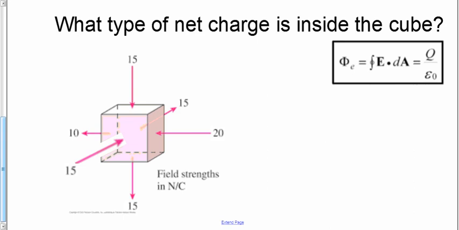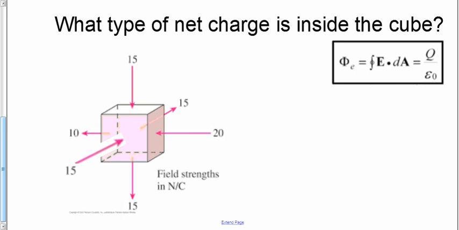There's no way you're going to have different electric field strengths on 6 different faces, especially have them be uniform across the face. But again, these are silly questions just for an exercise of getting used to it. So if we know this is a cube and all of those areas are identical, then we should be able to get a measure of whether we have a net positive or a net negative flux.